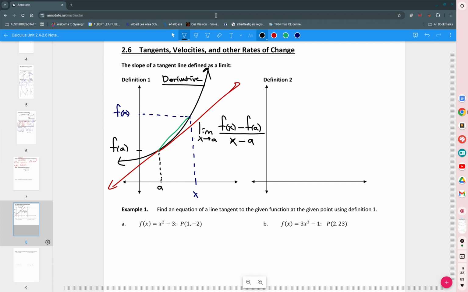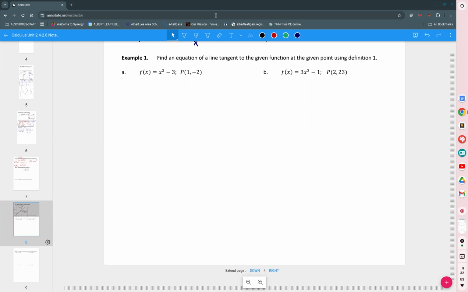After we test, we're going to go full board into derivatives for the entire rest of first semester. But this, in essence, is definition 1 for a derivative. And so we're just going to make it happen. It says find an equation for a line tangent to the given function at a point using definition 1. This is all you're going to be doing today.